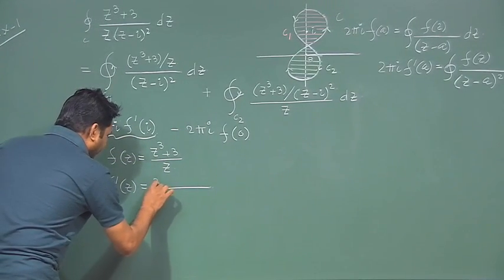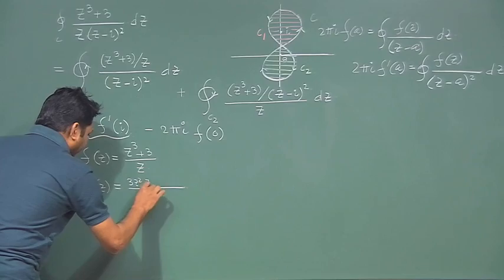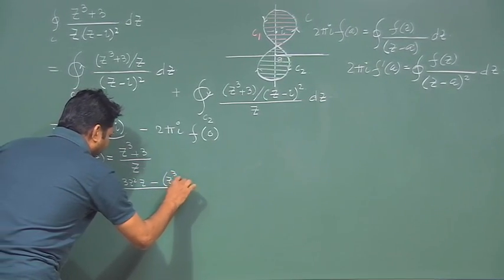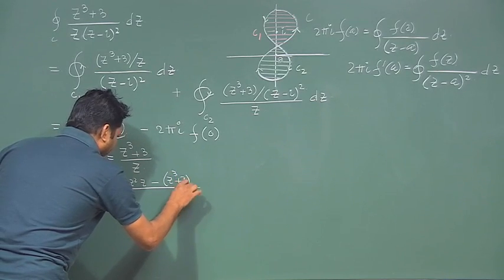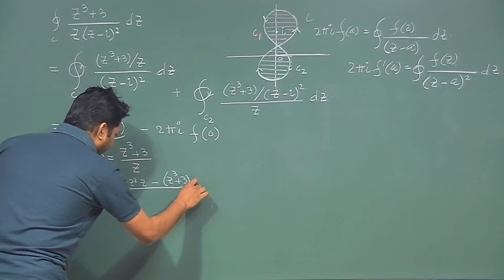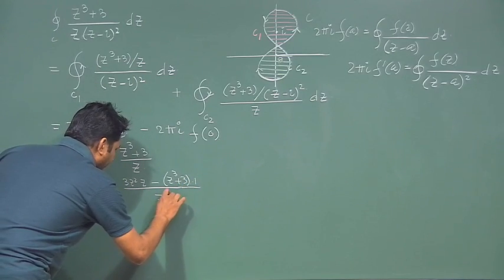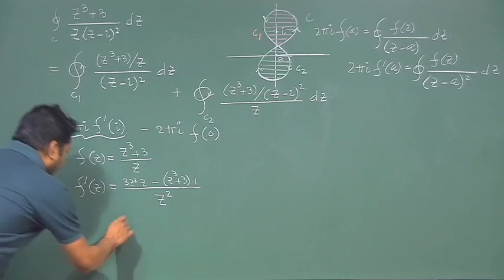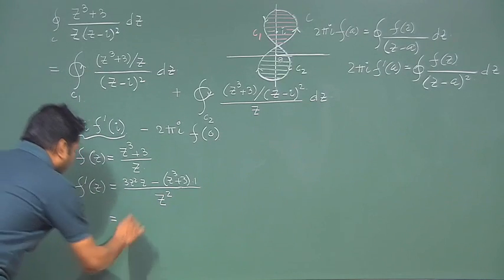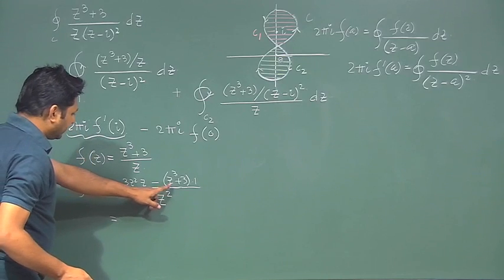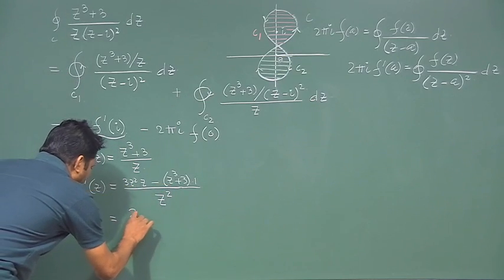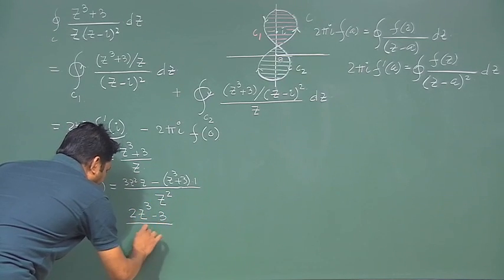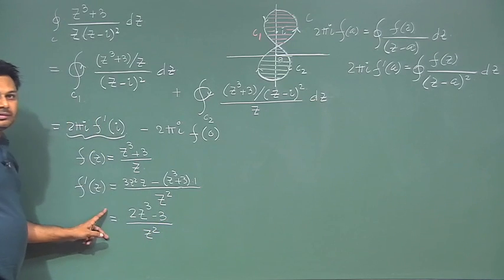Derivative of this: 3 z square multiplied by z, minus this quantity z cube plus 3 times the derivative of the denominator, which is 1, all divided by z square, which is 3 z cube minus z cube.